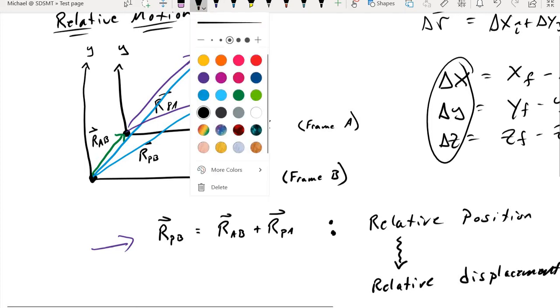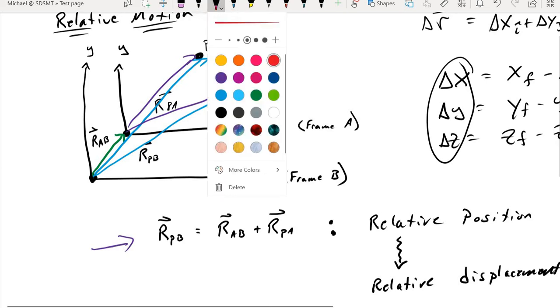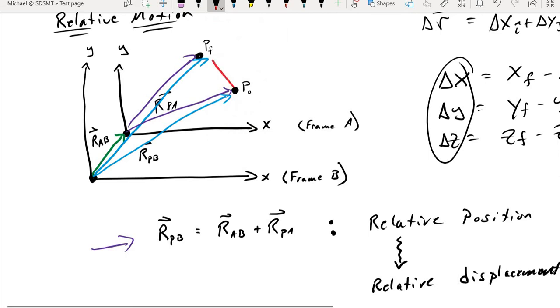So we started at P naught, and then we moved to P final. Okay, well, P final is going to require a displacement of so many units in the y direction and so many units in the x direction.